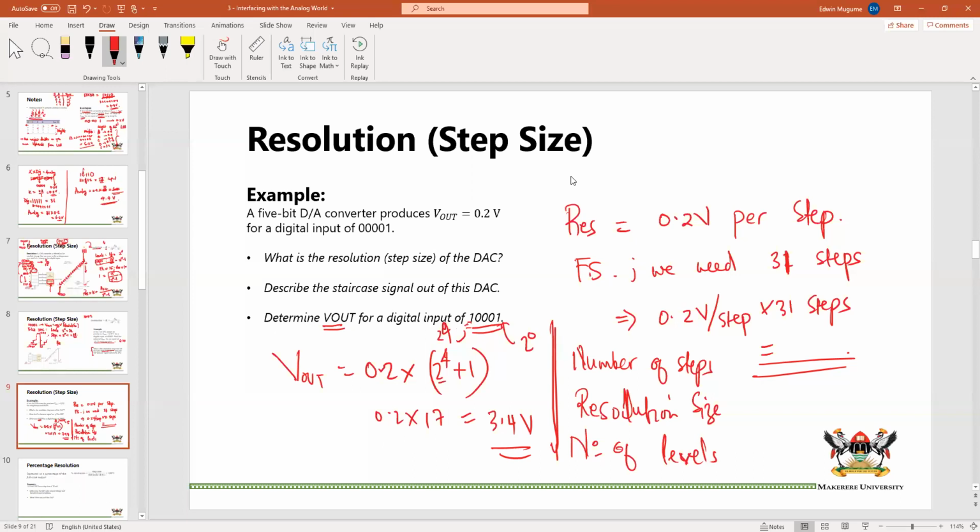If you can find out what these three parameters are, then you will probably have described the staircase signal. And we know number of steps to be 2 to the power n minus 1, number of levels to be 2 to the power n, and the resolution size is obviously full scale over 2 to the power n minus 1. So we would have all the information that we need.